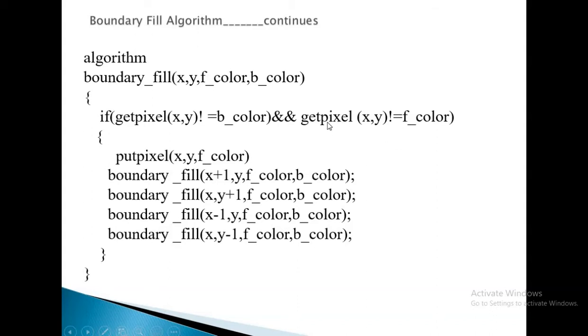If this condition is true, then we have to utilize these 4 statements: boundary fill x plus 1 by x, y plus 1, x minus 1 by x, y minus 1.